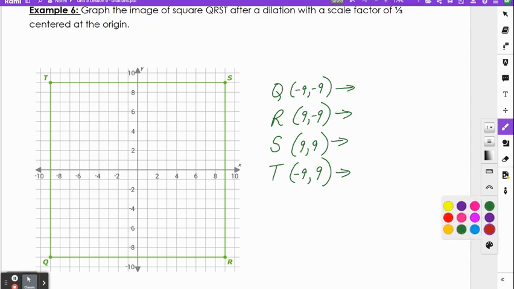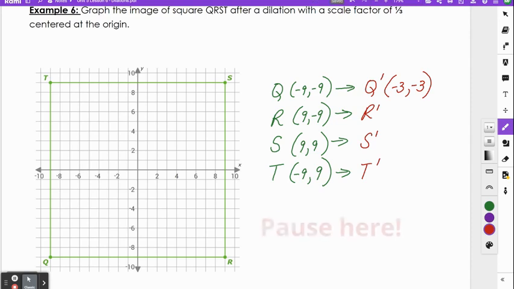I'll do those in red. -9 times 1/3 is -3. And here I would suggest you pause the video, finish the coordinates, plot it, and hopefully when you restart, you have the same picture that I do.